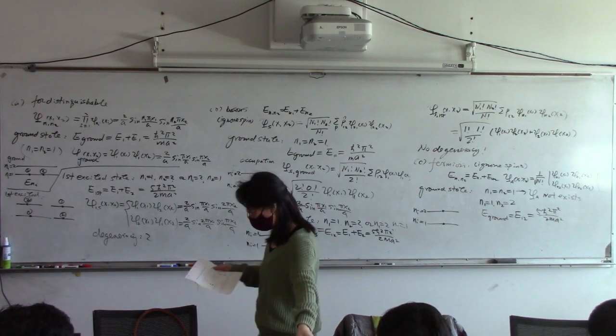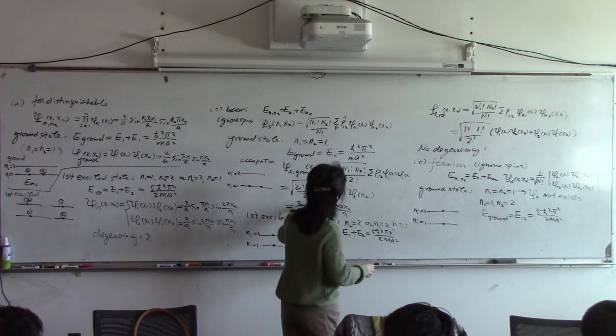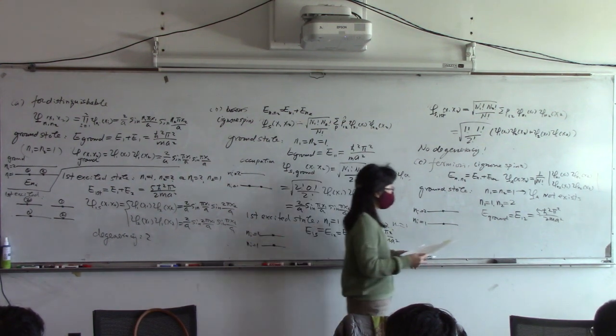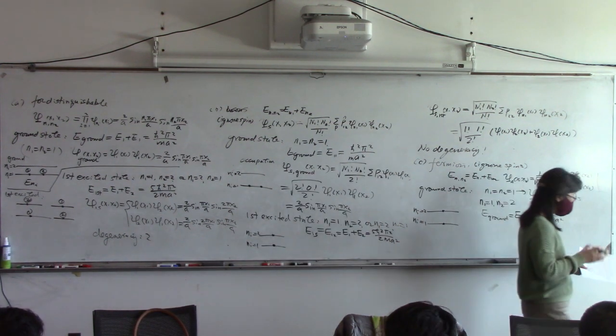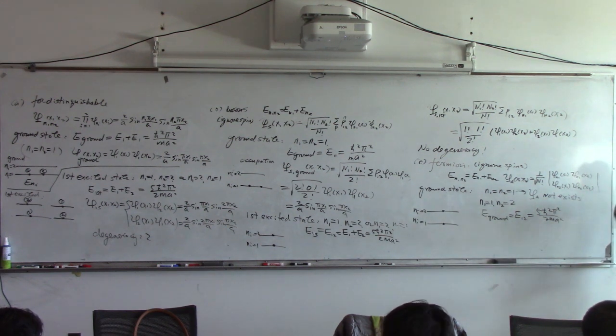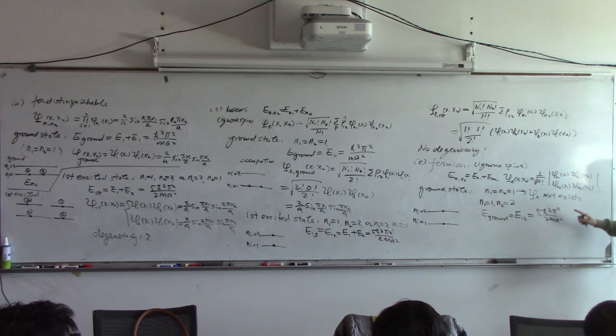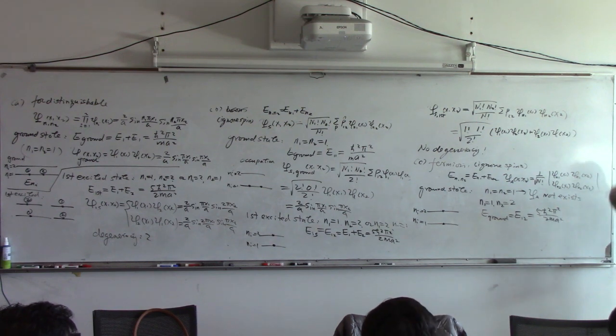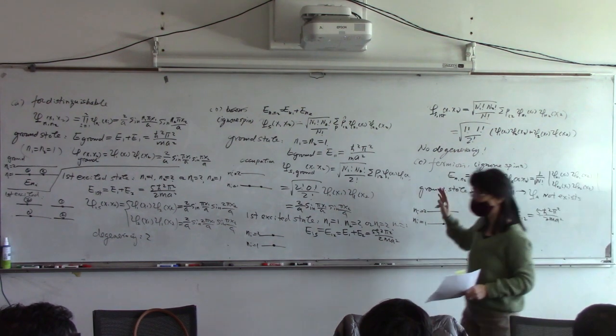And you see the fermion ground state is higher than the boson's. That is due to the Pauli exclusion principle, and later we are going to discuss the periodic table. Why for each element in the periodic table they occupy different shells or have different behavior, that is because they are fermions. They are electrons, right? So they follow the Pauli exclusion principle.